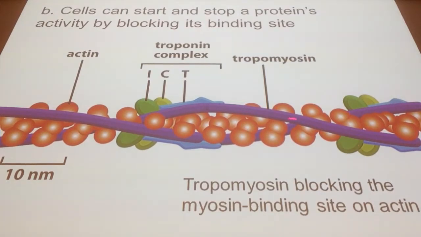Tropomyosin blocks the binding site here, and only if tropomyosin is uncovered will that binding site be exposed to the myosin head, and then you have contraction. So as long as tropomyosin blocks that binding site, contraction cannot occur. So blocking of the binding site by a protein is a way to regulate protein function.